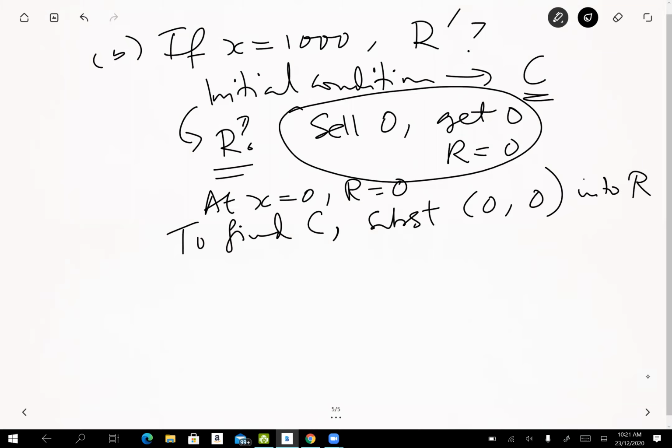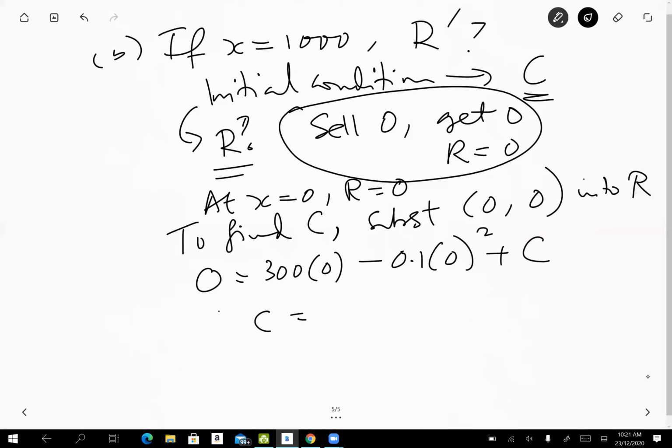So what do I get? I get 0 equal to the revenue function, which is 300 times 0 minus 0.1 times 0 plus the constant. So therefore, the constant is 0.